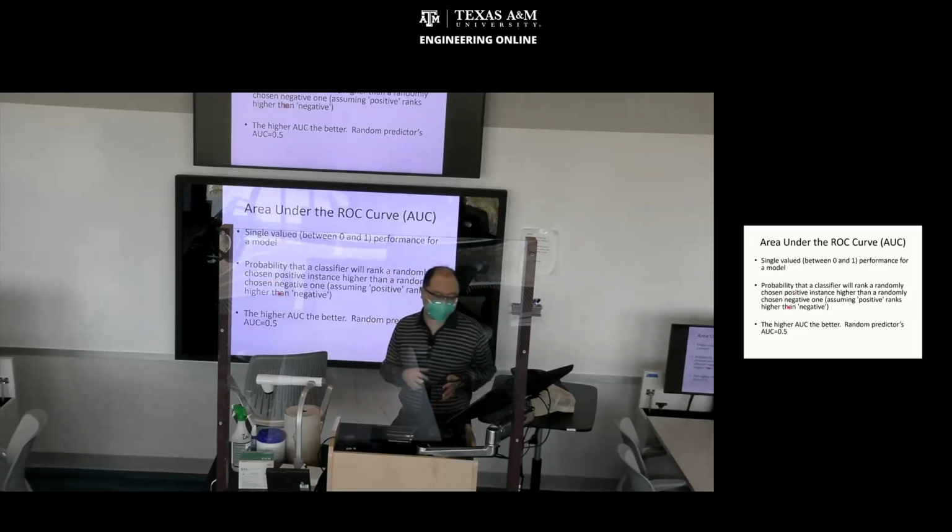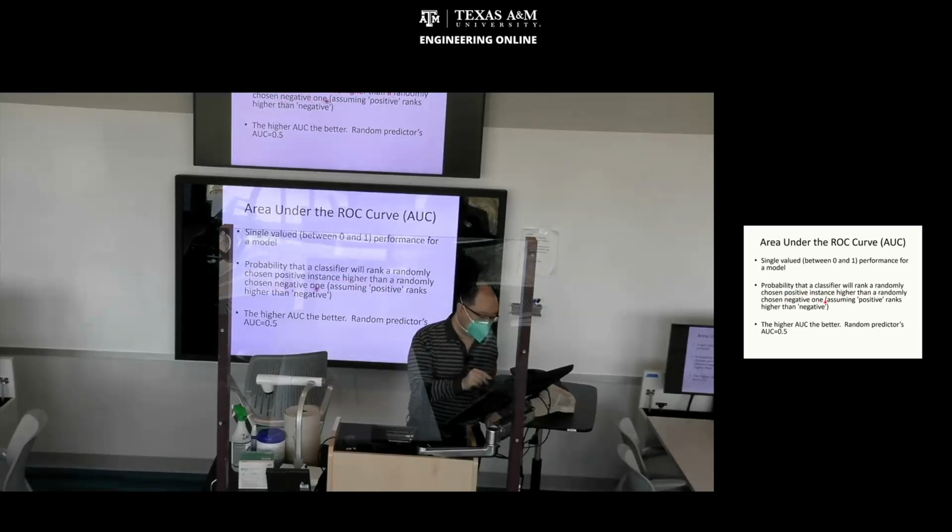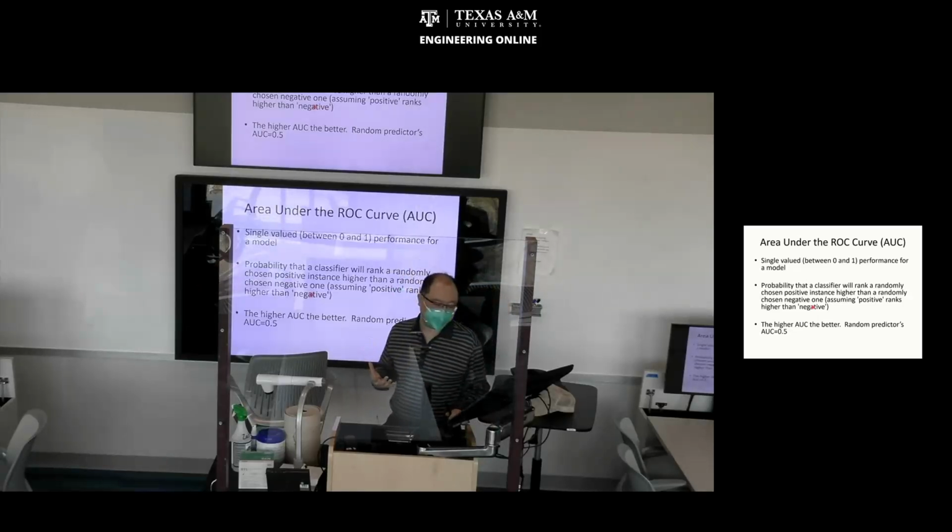It actually equals the probability that a classifier will rank a randomly chosen positive instance higher than a randomly chosen negative instance. So this is the chance that a randomly chosen positive is going to be ranked higher than a randomly chosen negative. If it's 1, it's really ideal. If it's 0, it's very bad.